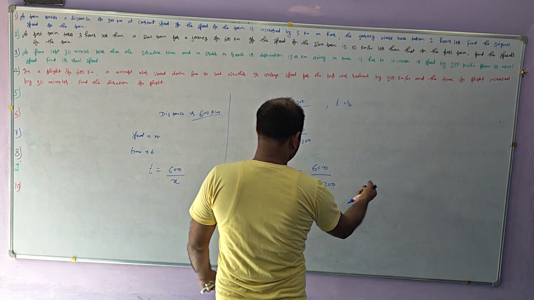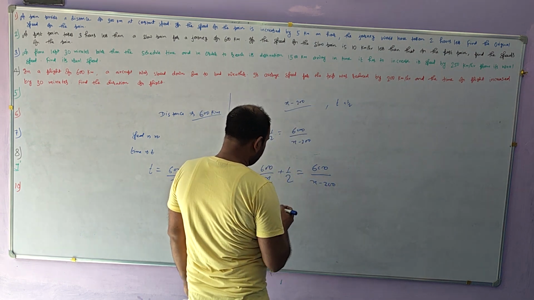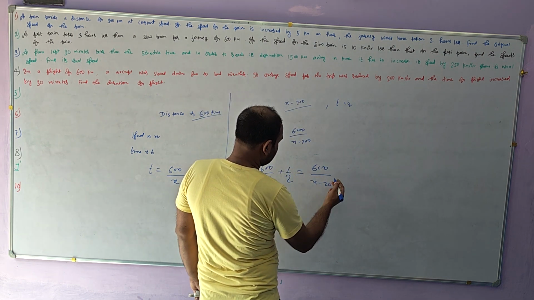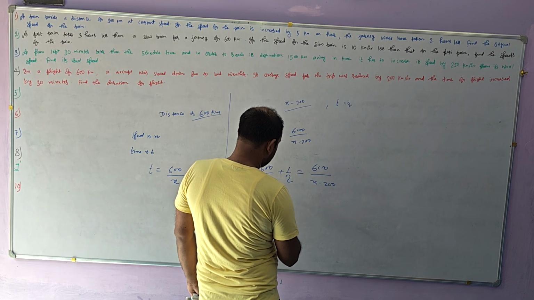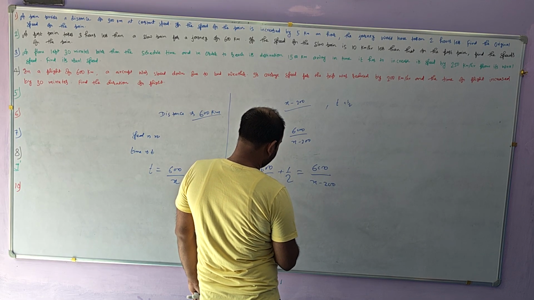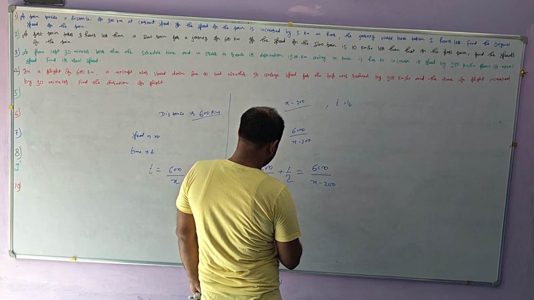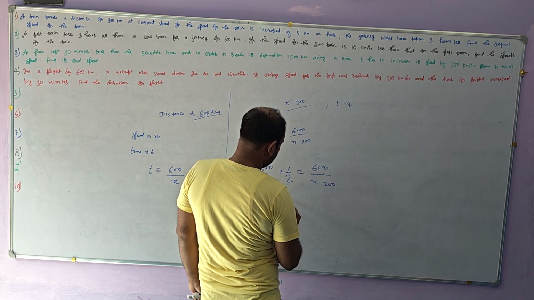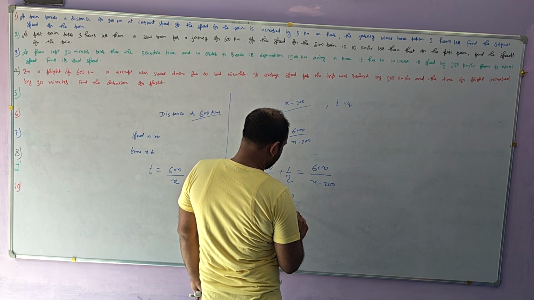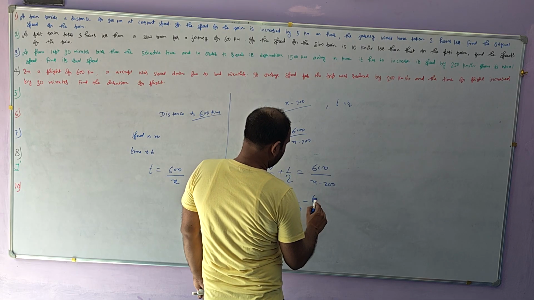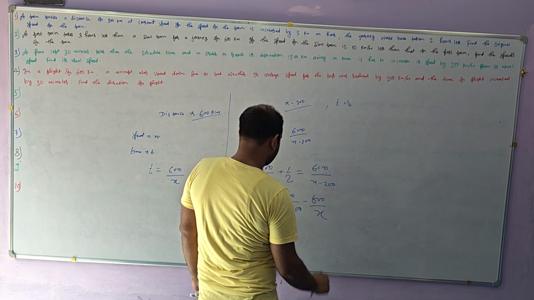Now we can transfer LHS to the RHS side. So we get half is equal to 600 upon x minus 200 minus 600 upon x.